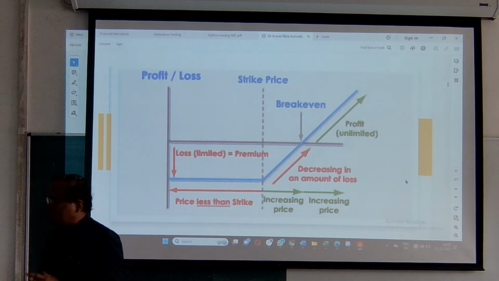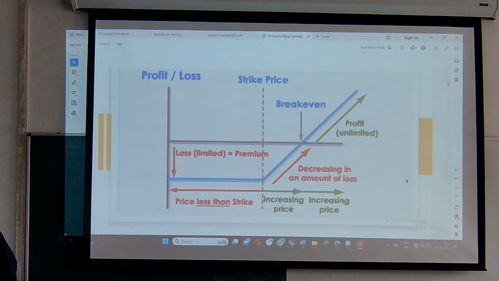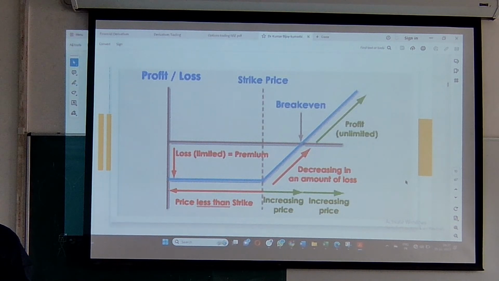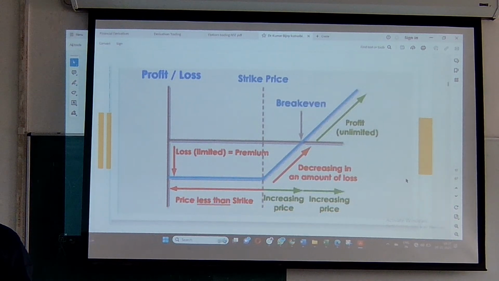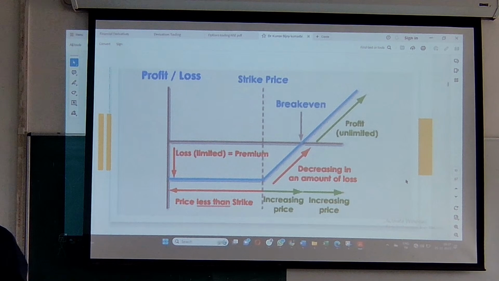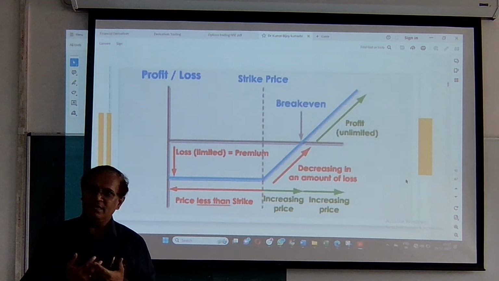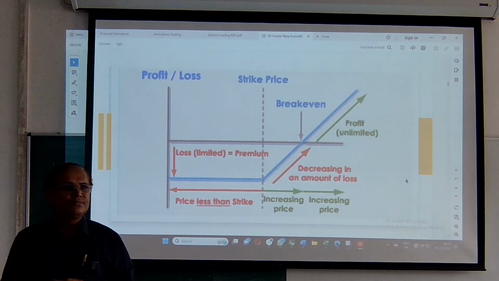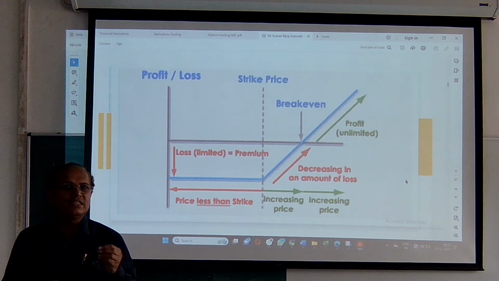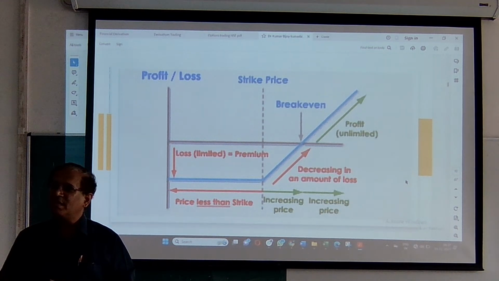Now from here, one very important question arises: who will decide what the premium is going to be and how much it should be? Option premium or option price, how will you decide? We know two parties are there. First party is the option seller, another party is the option buyer.